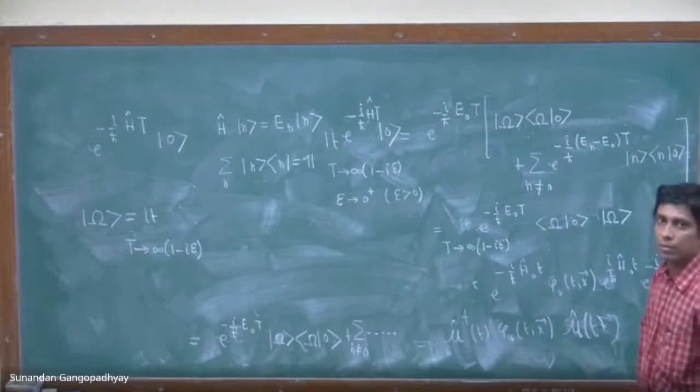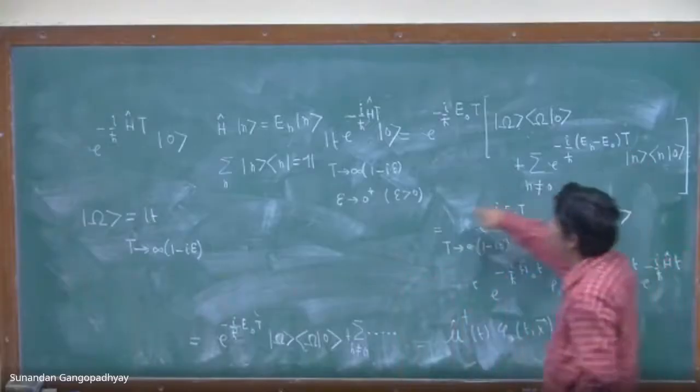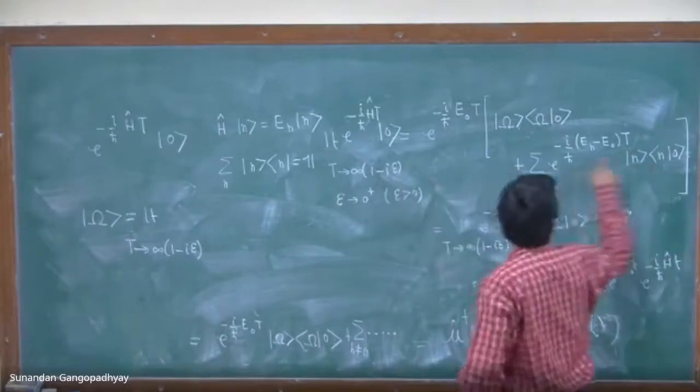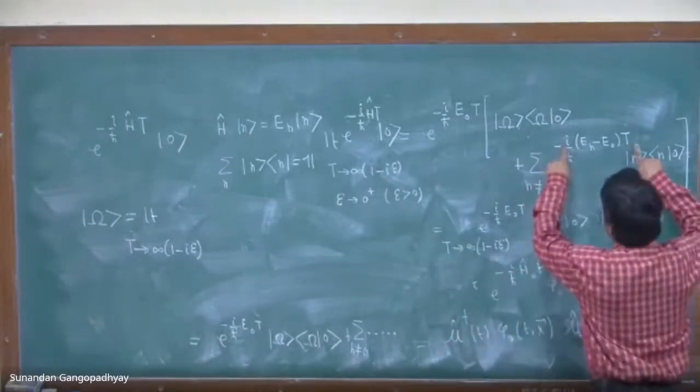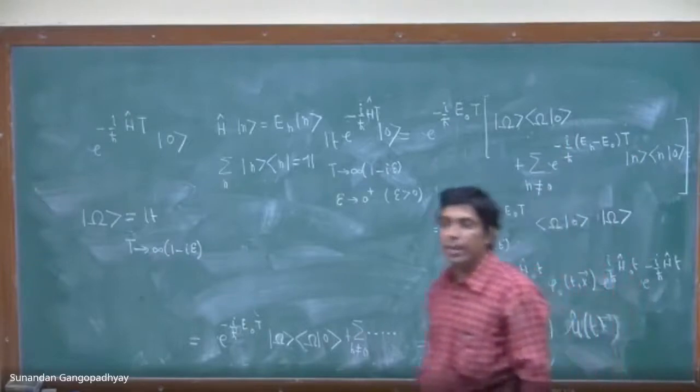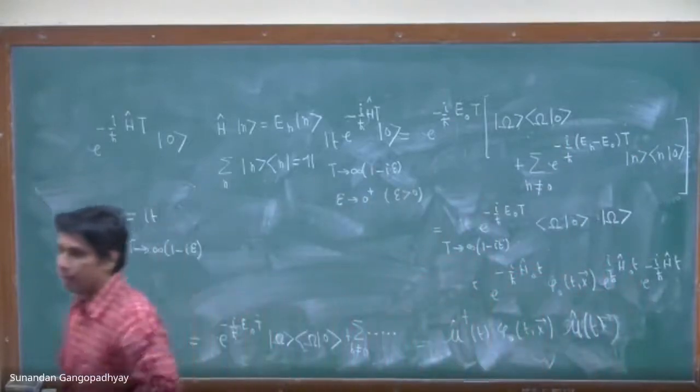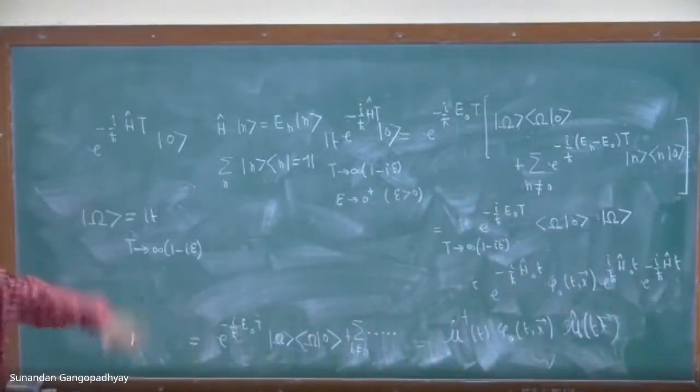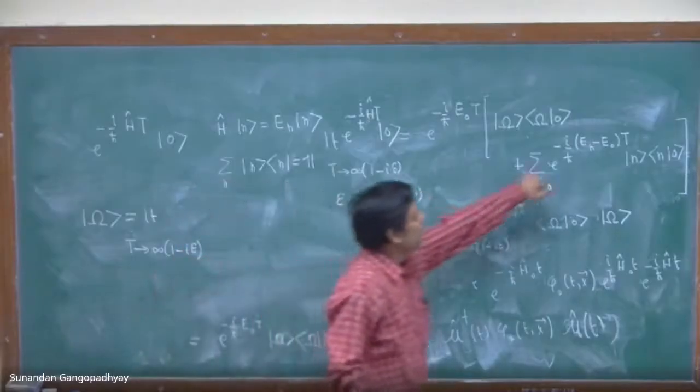But sir, it's infinite, I mean, that is oscillatory. No, you see, there is an i epsilon. That i epsilon, minus i, and this minus i. So there will be a decaying damping term in the expression. There will be a damping. Oh, okay, yes.